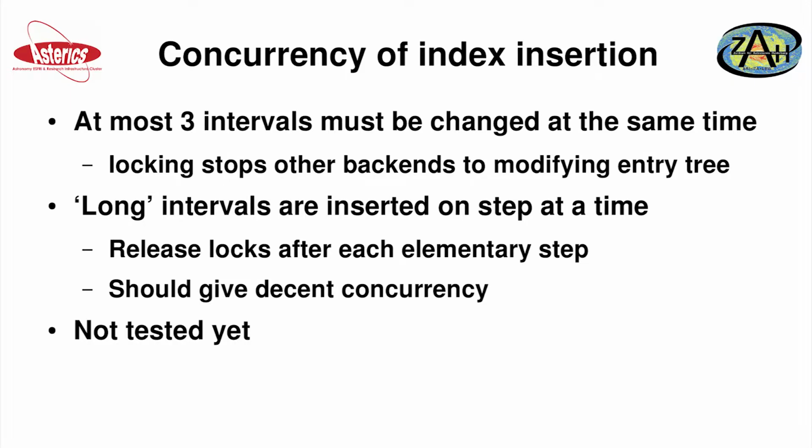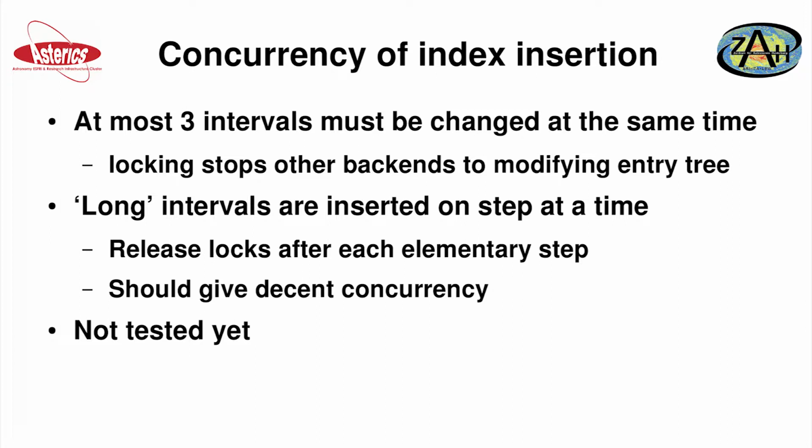So there are some issues with this interval insertion. If you would do it the naive way, you would have to basically lock insertion into the index for a long time. Imagine that for some reason there is one interval that covers a large area of the sky, and this means that many other objects basically are very fragmented there.